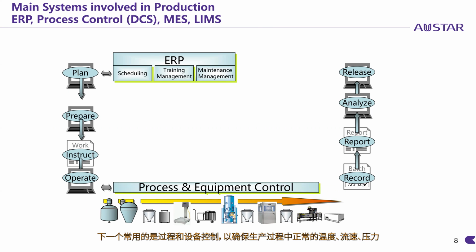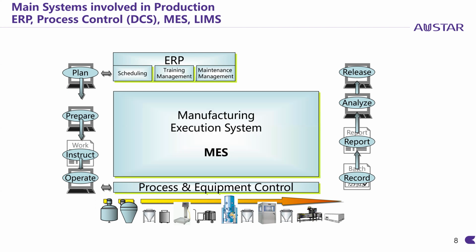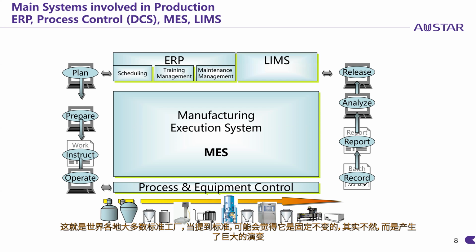So our temperatures and flows and pressures are all right during production. And all the middle part, prepare, instruct, reporting, is executed typically by a manufacturing execution system, MES. And for the release, we also normally get help from LIMS, Laboratory Information Management System.